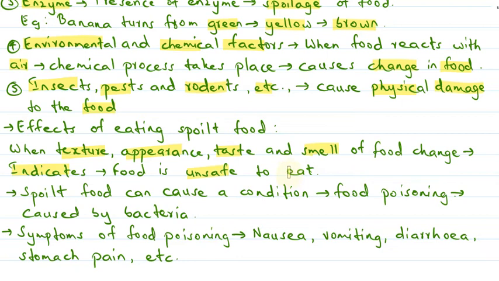Consumption of spoiled food causes a condition called food poisoning, and this food poisoning can be caused by bacteria. We also saw the various symptoms of food poisoning: nausea, vomiting, diarrhea, stomach pain, etc.